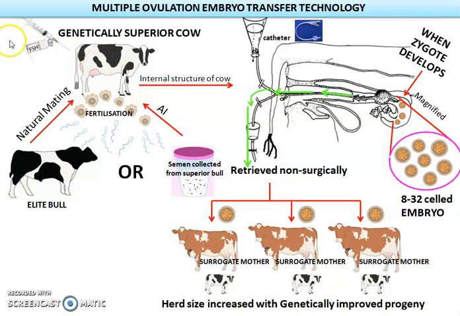That means the cow is injected with this hormone. In brief, this FSH hormone is naturally produced in the body of all mammals, from the pituitary, and normal secretion of FSH triggers ovulation, triggers the process of follicle development.